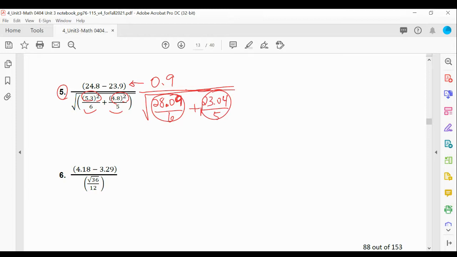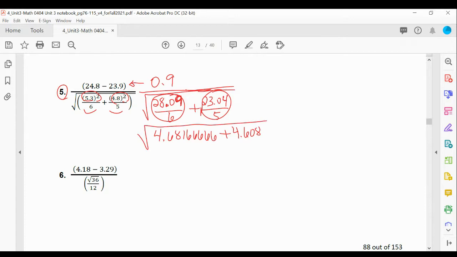So let's do 28.09 divided by 6 and 23.04 divided by 5. So this one's a longer decimal, 4.681666666, plus the second one is simply 4.608.